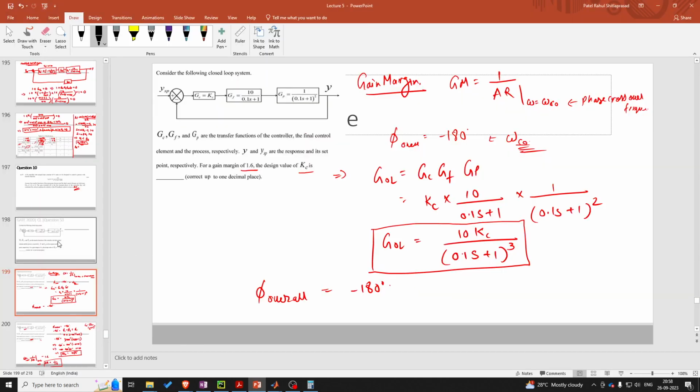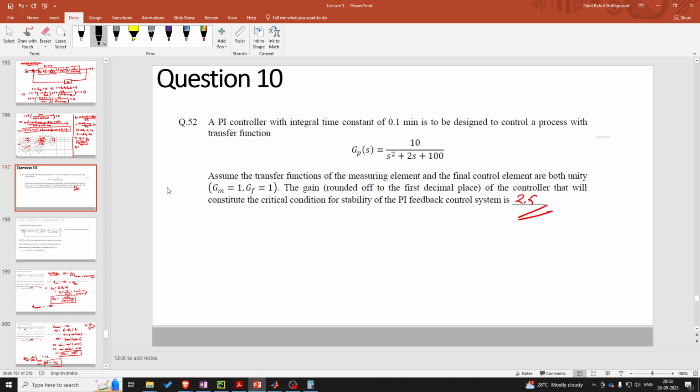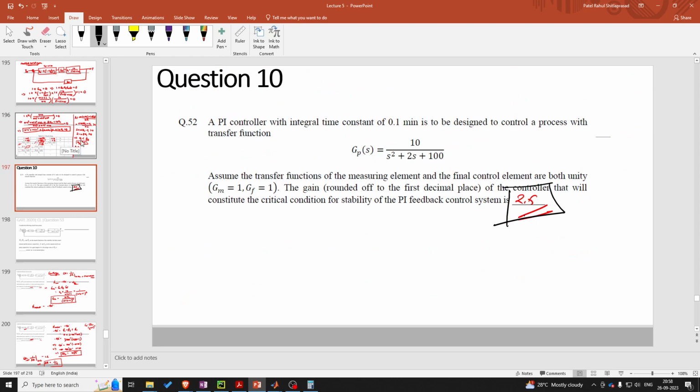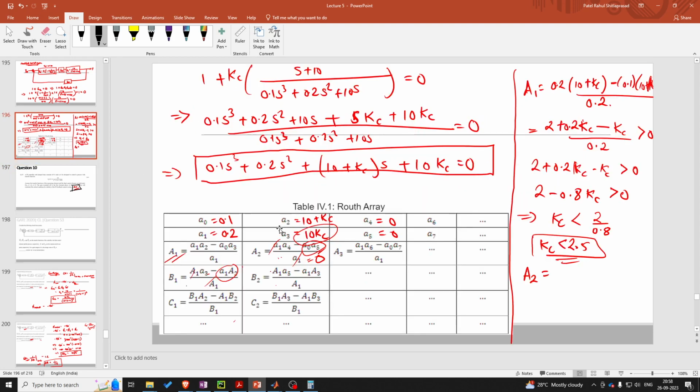That is, we can write the value of Kc for this PI feedback control system as 2.5. So you need to be mathematically accurate in order to find this solution. Once you are mathematically accurate, you just need to use this table and do some calculation in order to comment on the stability.